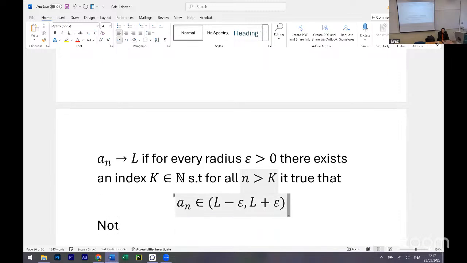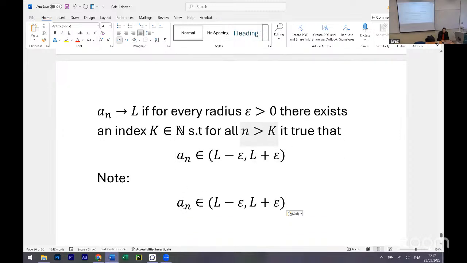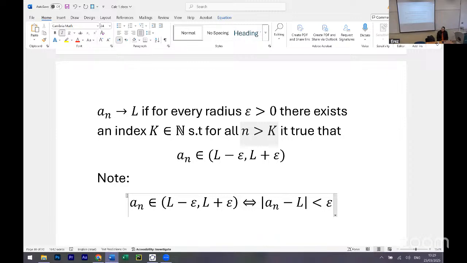Okay, and note, this algebraic notation is equivalent if and only if the distance between a_n and L is less than epsilon. Do you agree?